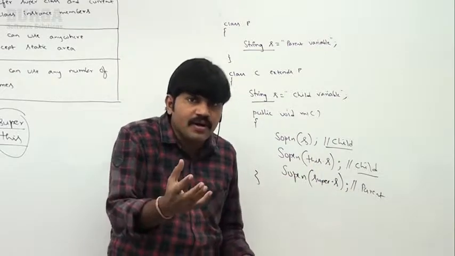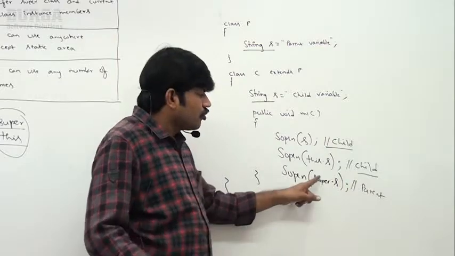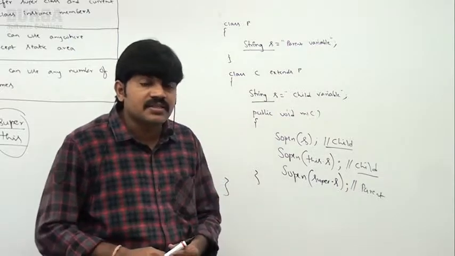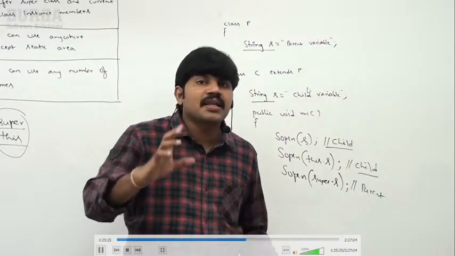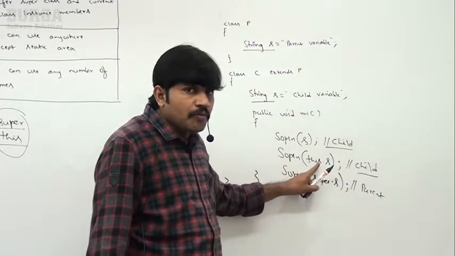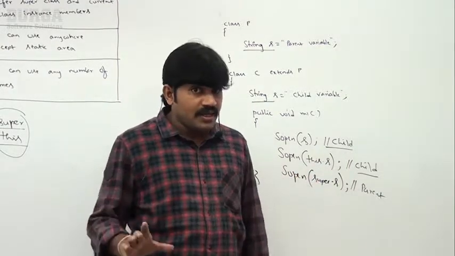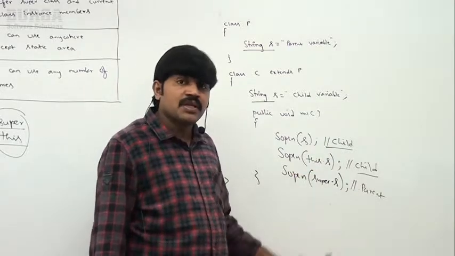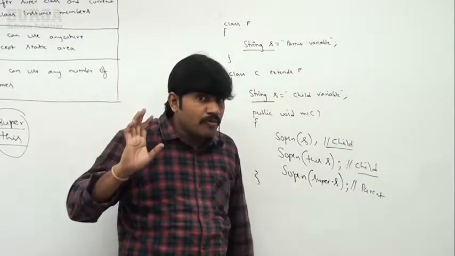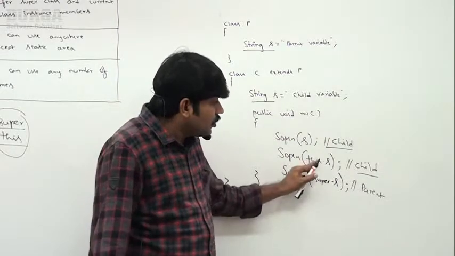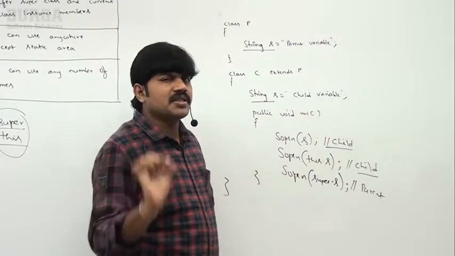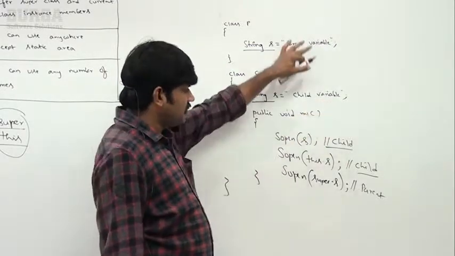If a parent and child class contain a method or a variable with the same name, then we require this and super to differentiate. Clear, right? These are keywords and you can use them anywhere, any number of times, no restriction. But one small restriction is there, which I will cover. Up to this, it is clear, right?